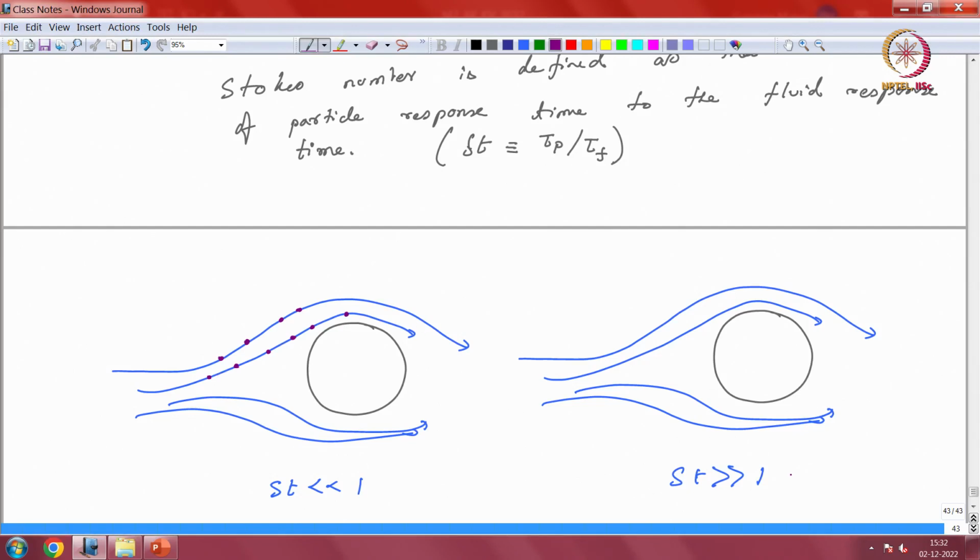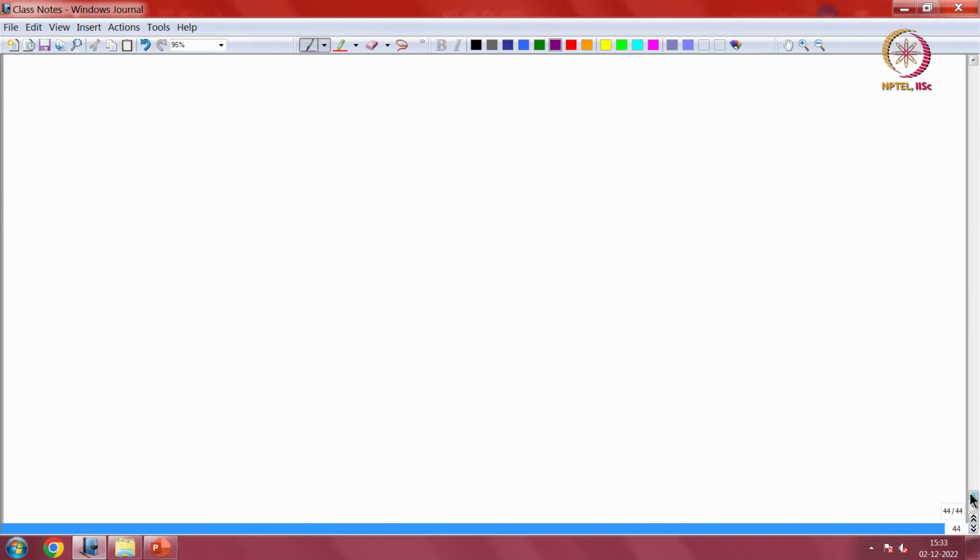Whereas, if the Stokes number is much greater than 1, then as the flow changes, the particle is not able to change its location properly to align with the fluid flow, and you will have a situation like this where it can just go and hit the cylinder. So, it separates out from the flow, and this is not appropriate anymore for good flow visualization experiments.